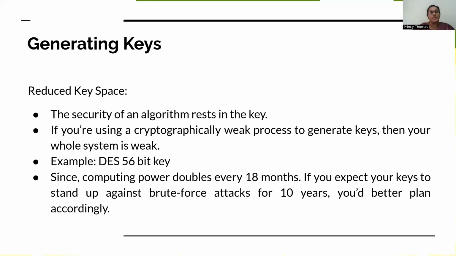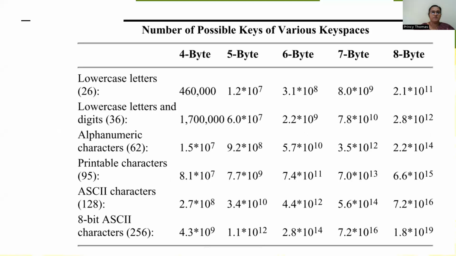But the computing power doubles every 18 months. So if we are expecting that the key generation algorithm we are designing is going to be okay for the next 10 or 20 years, then accordingly we have to plan. The size of the key should not be enough only for today's systems. It should be enough for the next 10 or 20 years' systems.